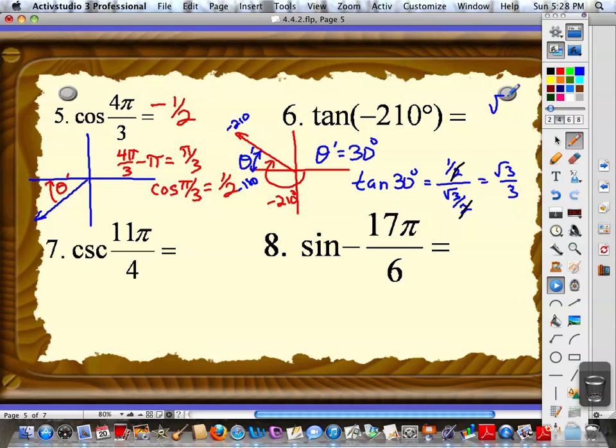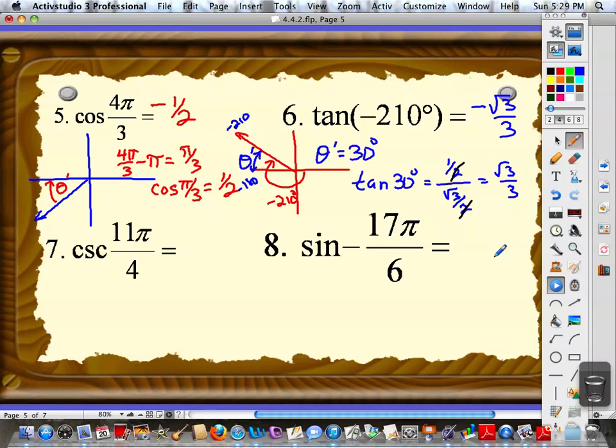So I know the numbers are square root of 3 divided by 3, but then I have to go back and look. My angle that I'm working with, theta, is actually in the second quadrant, and in the second quadrant, the tangent is negative because it's y over x. So the tangent of negative 210 degrees is negative square root of 3 divided by 3. No calculator, that's an exact value.